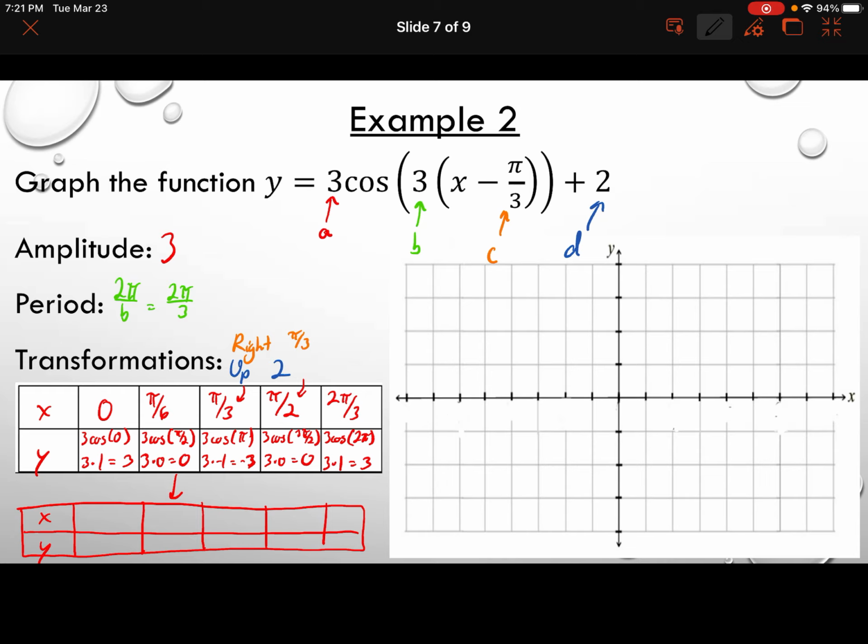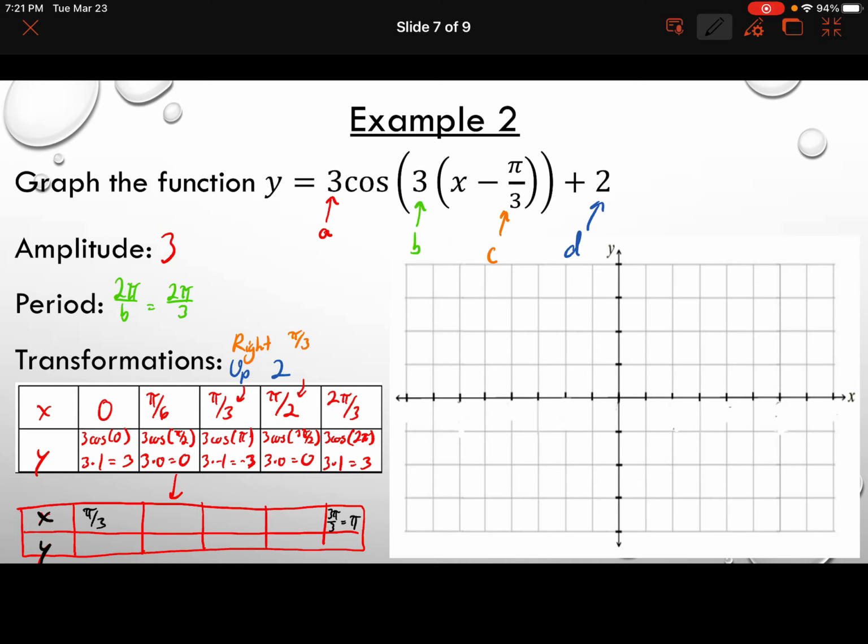All right, so to each of our x values, we're going to add pi over 3. So 0, if you add pi over 3 to 0, it just becomes pi over 3. If you add pi over 3 to 2 pi over 3, it becomes 3 pi over 3, which is just the same thing as pi.